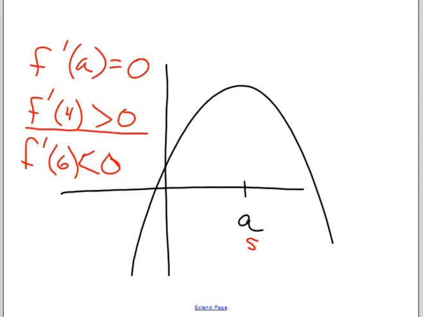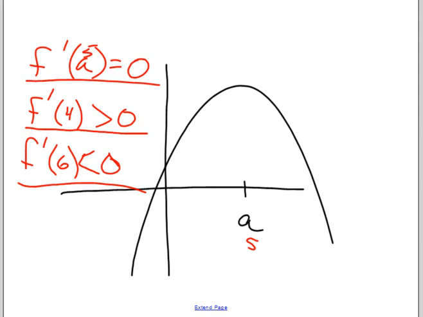Since f prime of 4 is greater than 0, and f prime of 6 is less than 0, and f prime of 5 was equal to 0, there's a change in sign of the first derivative at 5. Therefore, 5 is a maximum. Because look what's happened: the first derivative changed from positive to negative, so the function changed from increasing to decreasing. If the first derivative goes from positive to negative, that's got to be a max.